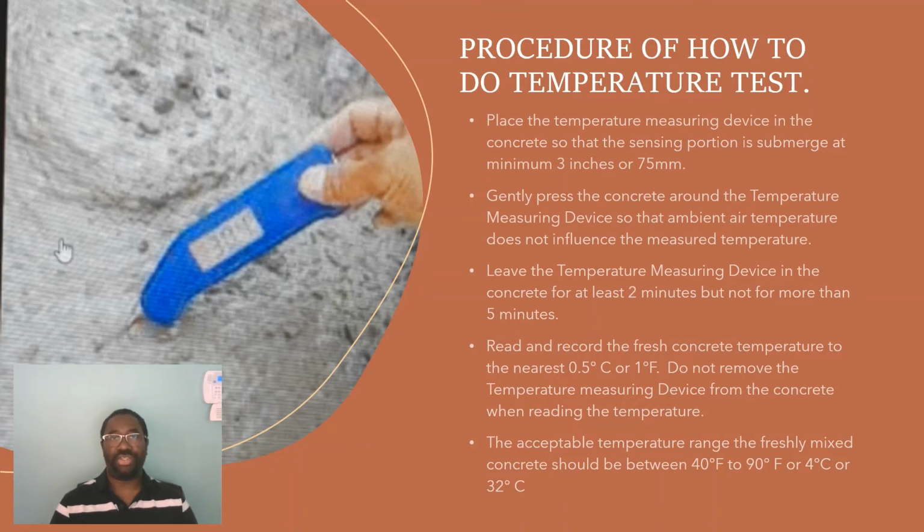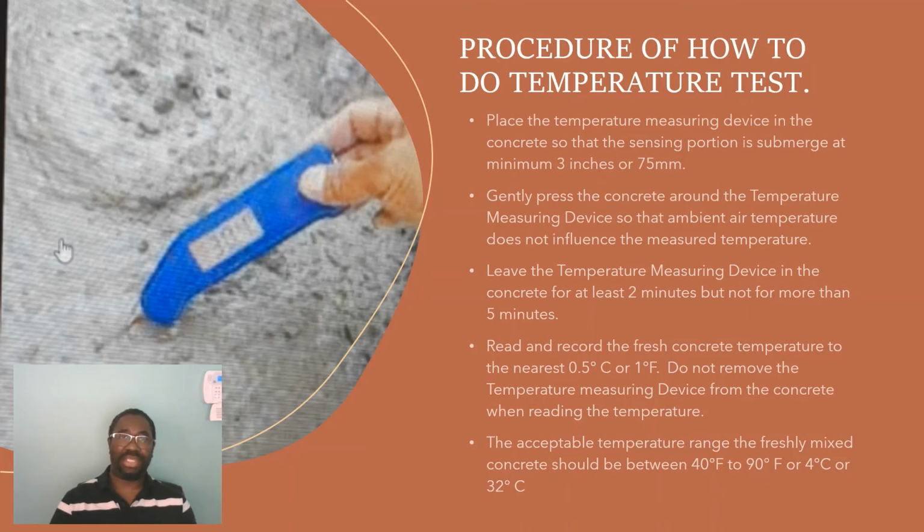But you must ensure not to remove the temperature measuring device from the concrete when reading the temperature. So you're going to leave the temperature measuring device inside of the concrete while you're doing the reading. You let it remain inside the concrete specimen and then you take the reading of the temperature.